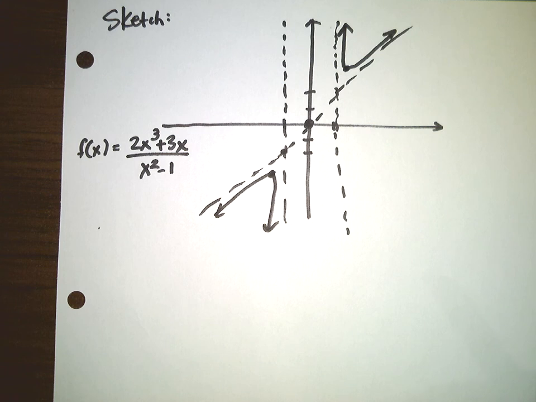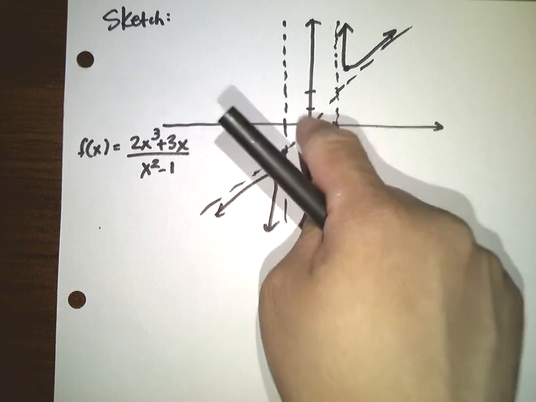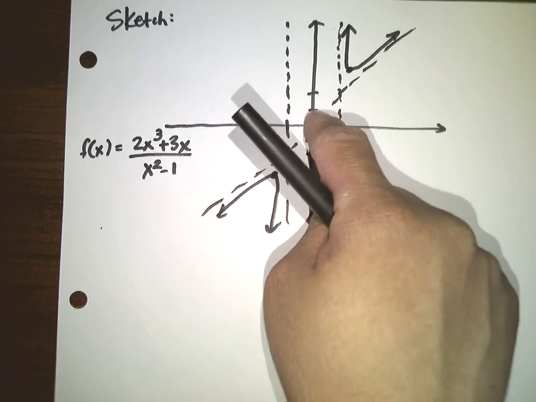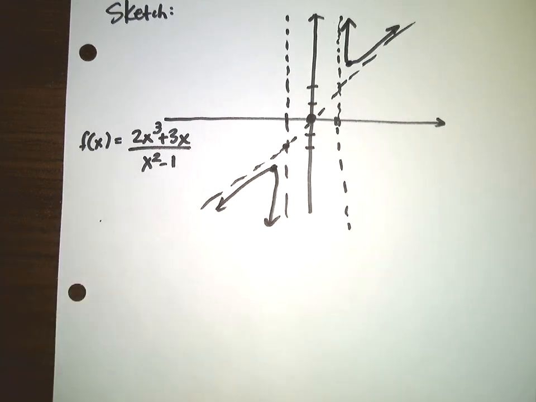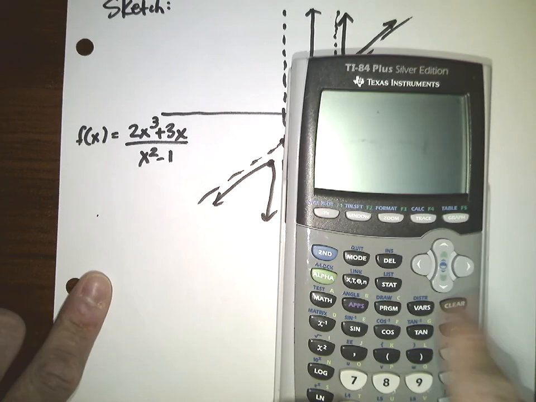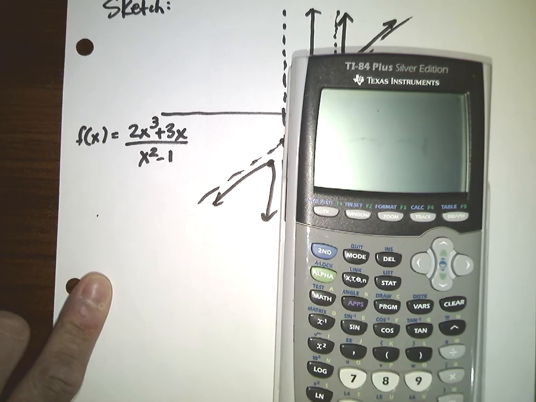I really just need to know mainly what's going on in the middle part, and I can do that by substituting a point. I'll show you here.